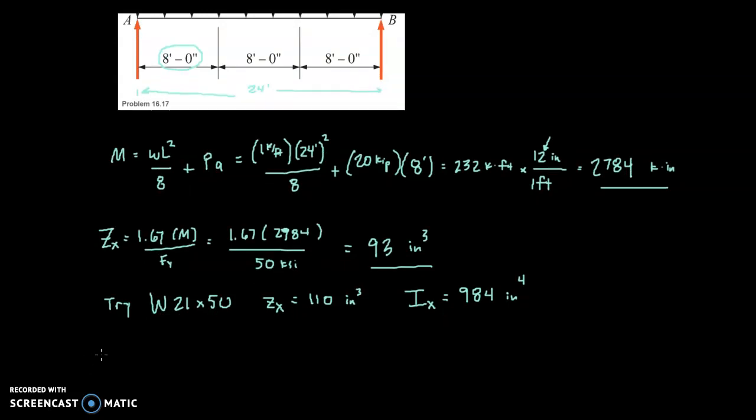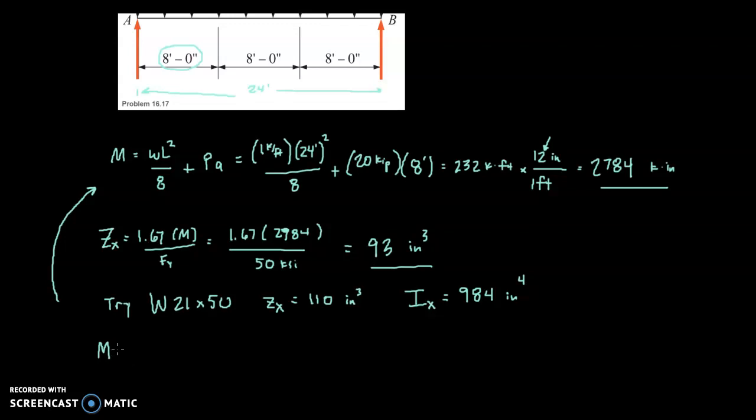One is to just find the additional moment caused by the self-weight alone, and then add that back to the moment we had previously calculated, and then find out how much additional section modulus is required. Or just find the section modulus required for that additional moment, and add it to here. It's really just a difference of the order in which we do it.